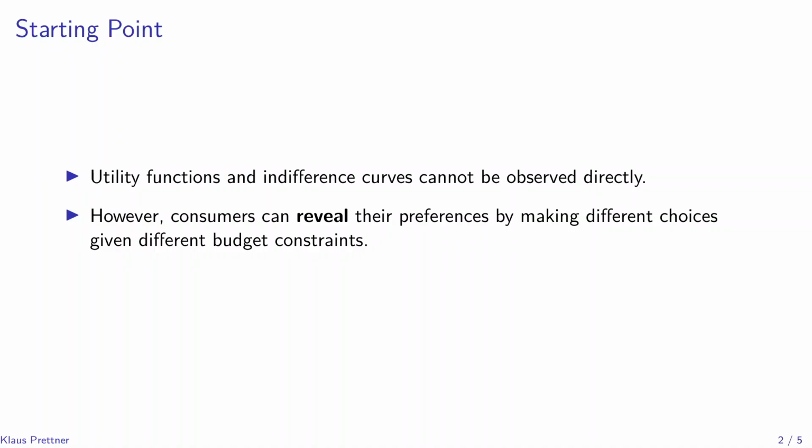However, consumers could reveal their preferences, making different choices given different budget constraints, for example, because the prices of goods change or the budget of the households changes, and that would reveal their choices. And with these revealed choices, we could reconstruct the utility functions and indifference curves if we have enough data points available.